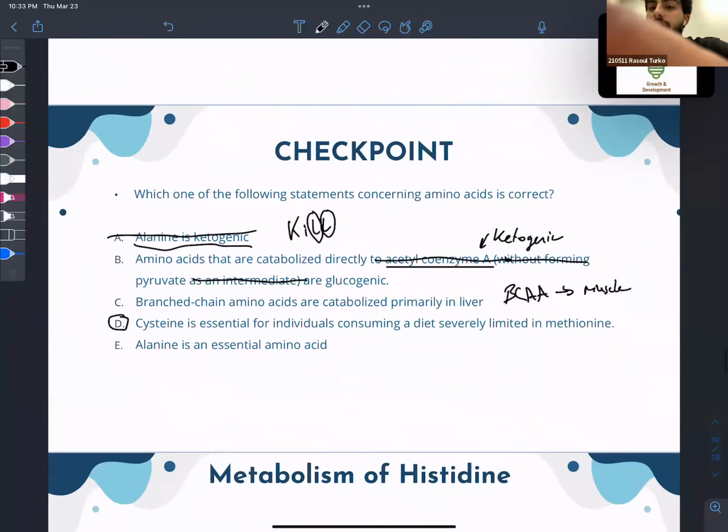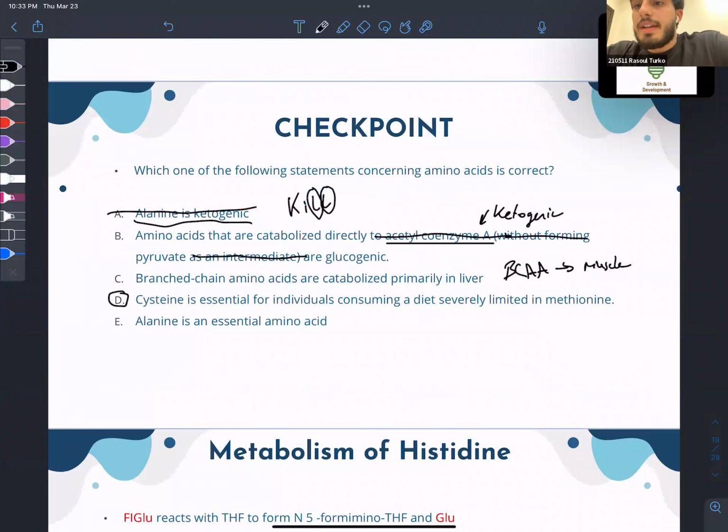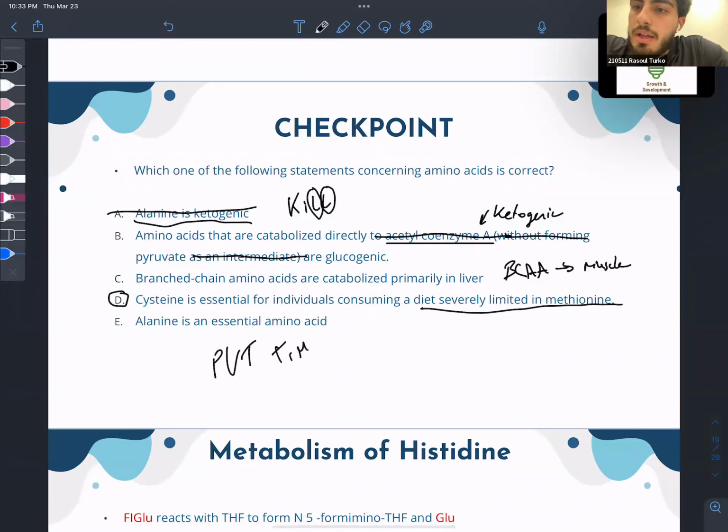So here, for someone that doesn't have a lot of methionine in their body, we need to eat some food that has cysteine. And then again, alanine is an essential amino acid for PVT to MOL. Alanine is not part of it, so it's not an essential amino acid.